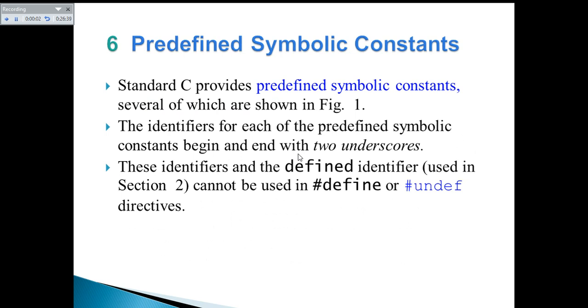Now let's see what are predefined symbolic constants. Standard C provides predefined symbolic constants, several of which are shown in the figure that is coming in the next slide. The identifiers for each of the predefined symbolic constants begin and end with two underscores.